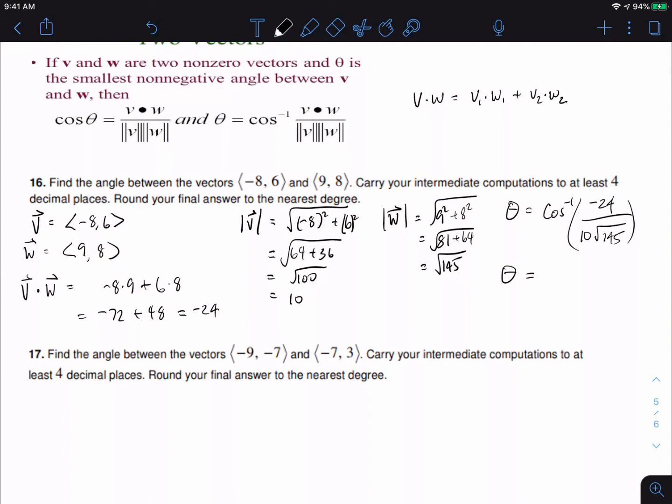So negative 24, and obviously the use of a calculator is very beneficial here. And I'm going to get an angle of 101.496563 degrees.